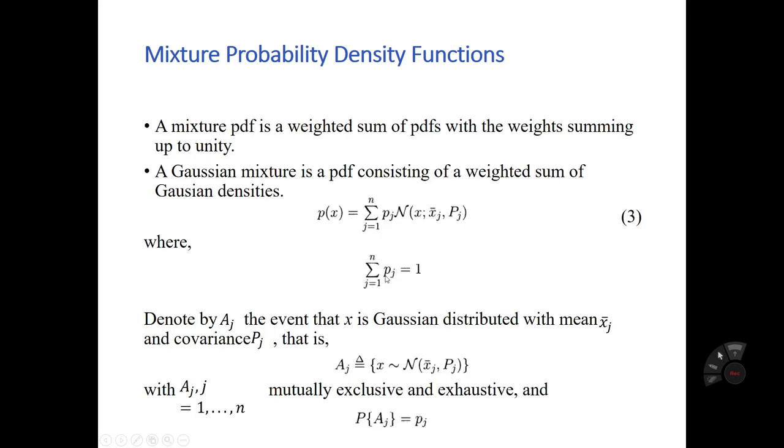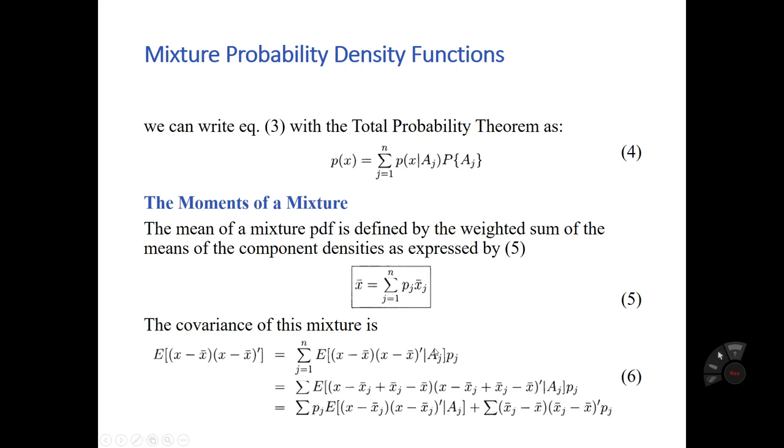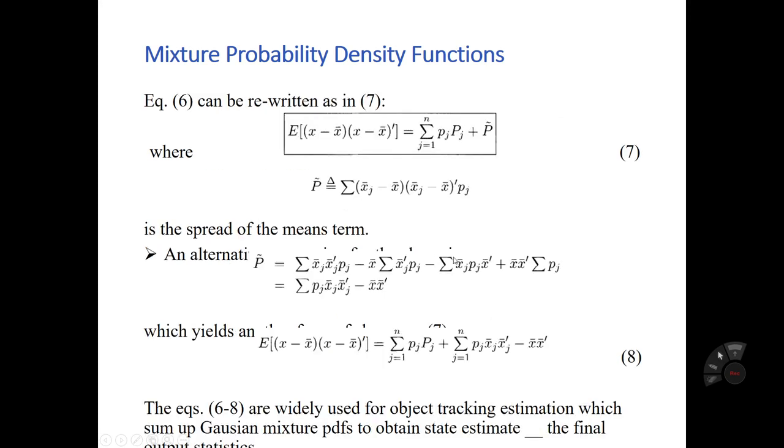So Pj is the same thing here. Pj is this thing, and if we multiply the argument and apply the summation, then this is obtained. So equation 6 can be rewritten as equation 7 like this.